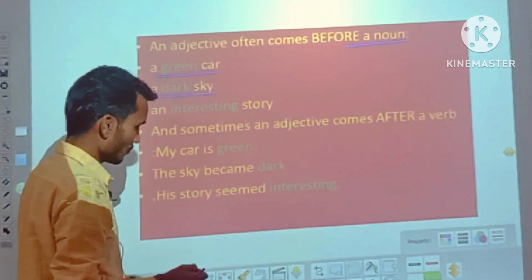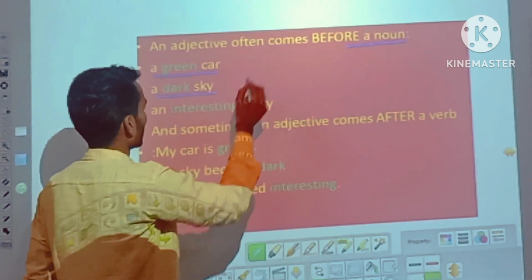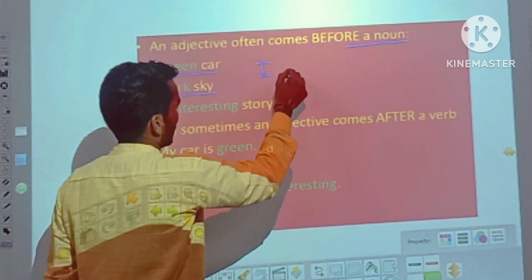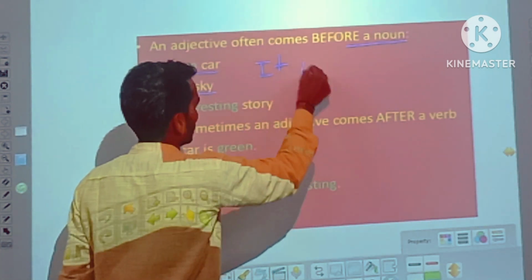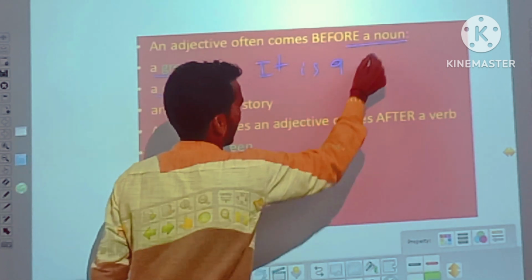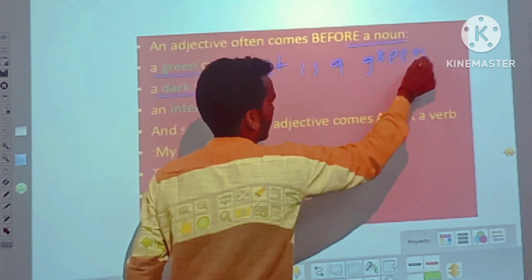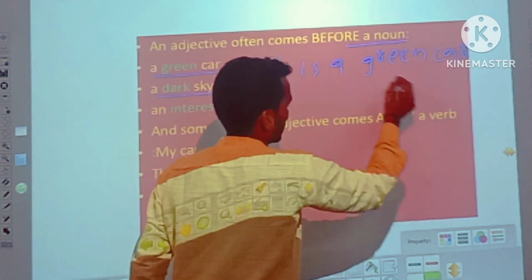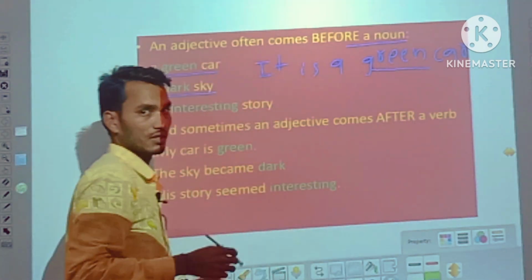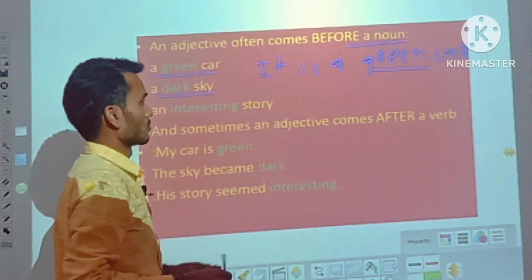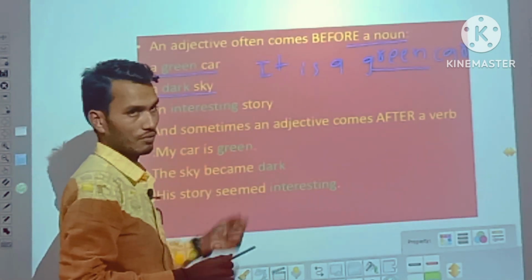If I make it a sentence, it is a green car. What kind of car is it? It is a green car. Here green is an adjective which is used before the noun, right?